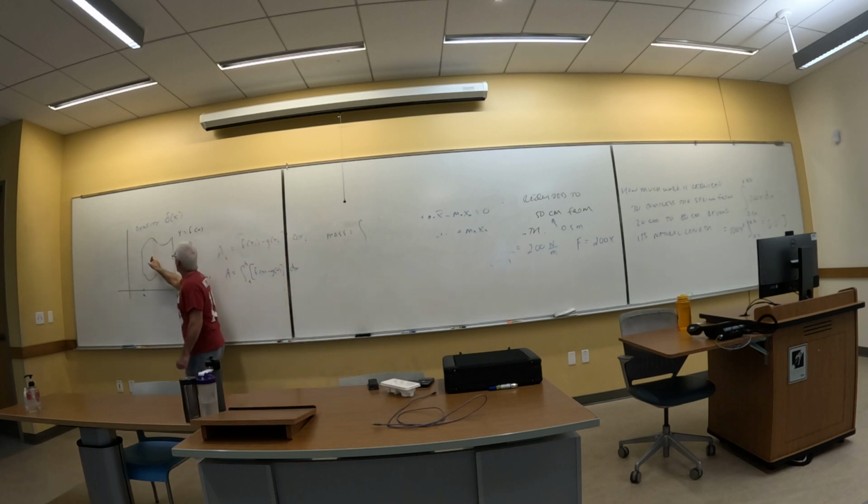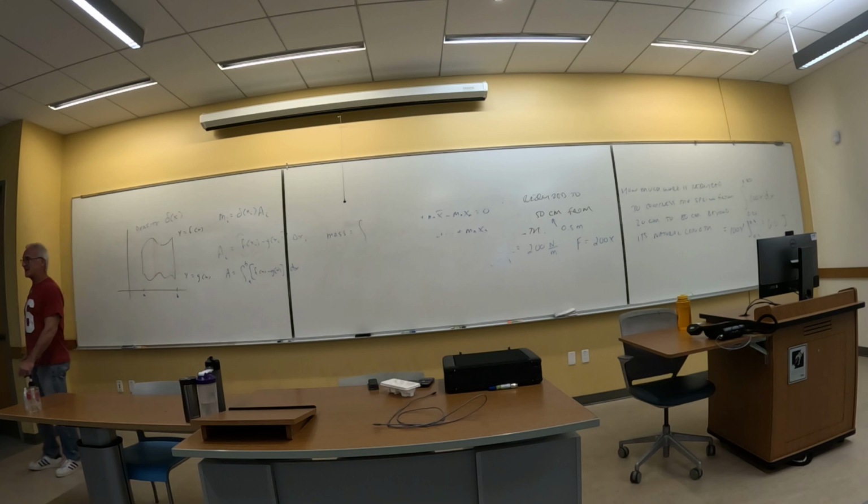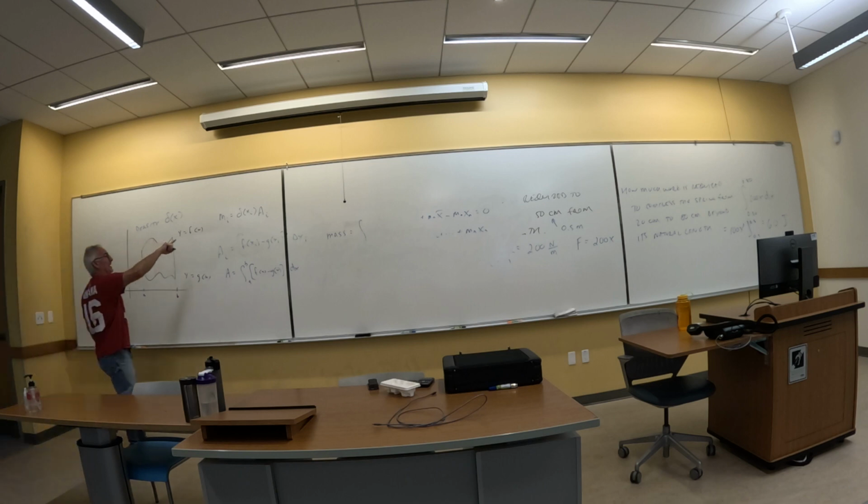I know what the area of the strip is. It's right here. Well, what's the mass of this strip? I'll call it the ith mass. Won't it be the density times the area? So we just said density is mass per unit area. I'm going to multiply it by the area of the strip. This would tell me exactly the mass of the strip.